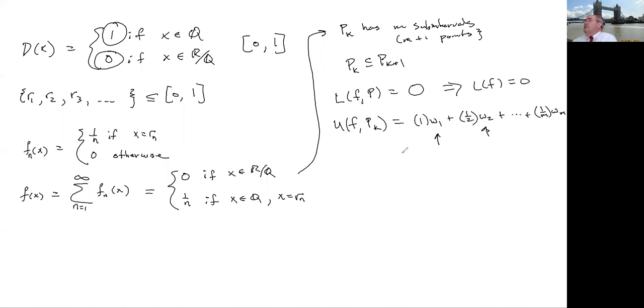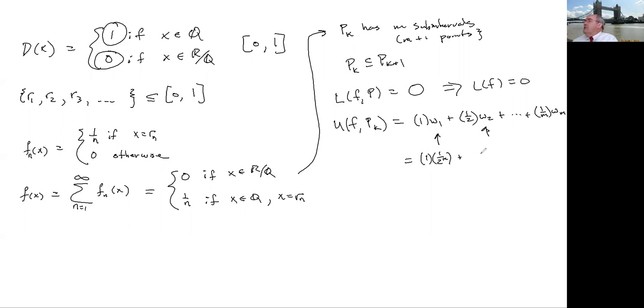And so this is P_k. I can pick my points so that the width of this interval where the 1 occurs is, say, less than or equal to 1 over 2 to the k.